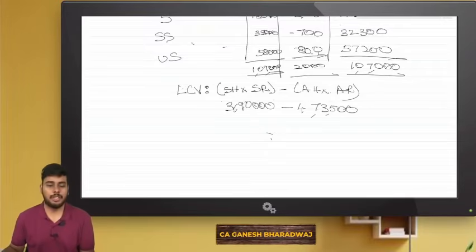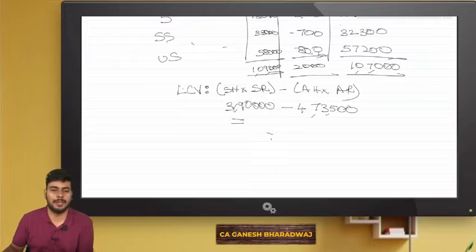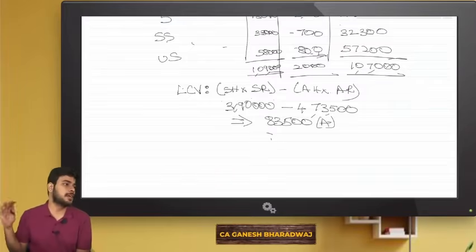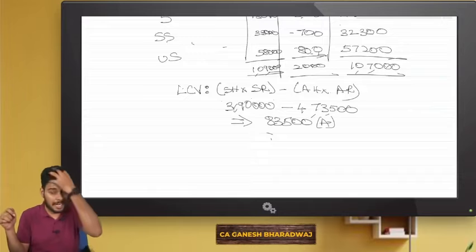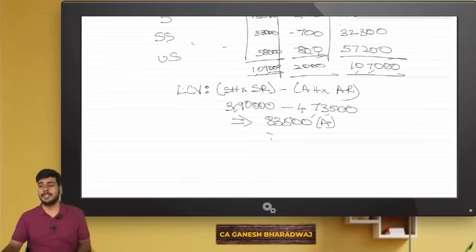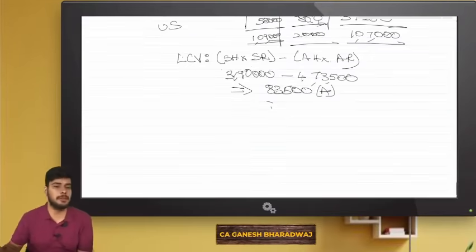So you were allowed to spend 3,90,000, you spent something more. So adverse, how much? 83,500. The topmost granddaddy is ready. Now we just have to branch it and finish the other figures. Shall we proceed further?